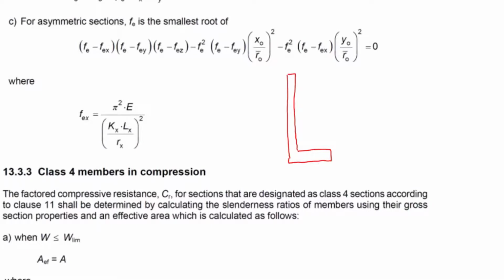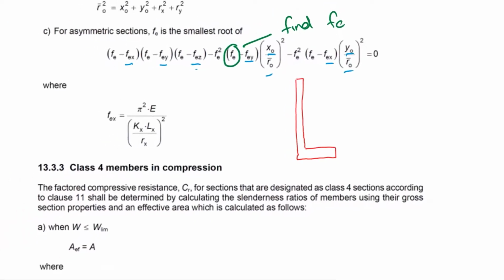So you find what is FE, what is FEX, FEY, FEZ, and you can solve for all these values. So that's fine. Once you have those, you then, with a numerical method or a spreadsheet or something, find FE. You find what value of FE will solve this equation. You may find 2 or 3 values. The smallest is your elastic buckling stress.